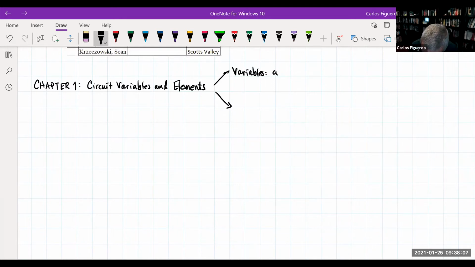We'll redefine briefly what I mean by current and what I mean by voltage. But a really big thing in circuits, believe it or not, is power. Power is a very, very important parameter in circuits. And power really is broken down into two pieces.